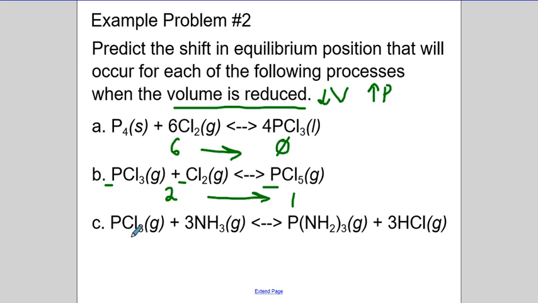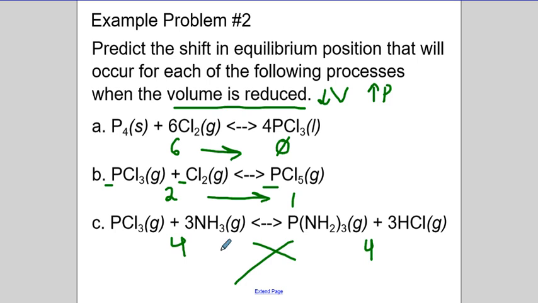So here we have 4 moles of gas here and 4 moles of gas here. Again, if pressure goes up, it wants to shift to the side that has the least number of moles of gas. Well, we have 4 and 4. So that means that there's no shift. Nothing's going to happen because there's no side that has more or less moles of gas in this whole system. So it can't shift.